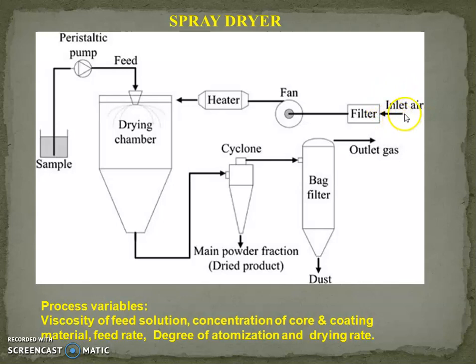air supply unit where the air is supplied through the HEPA filter, and with the help of a fan, this air enters the heater where the air is heated to the particular temperature that is set. At the same time the sample, that is the drug and polymeric solution, is fed to the drying chamber with the help of a peristaltic pump through the nozzle which has a small orifice.